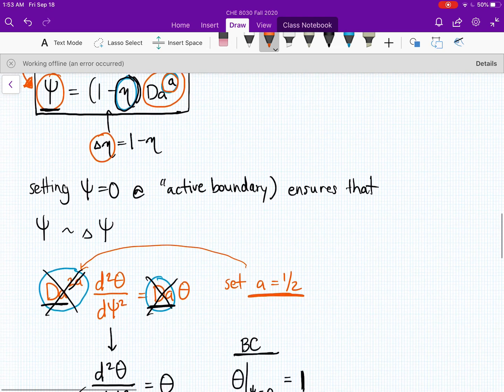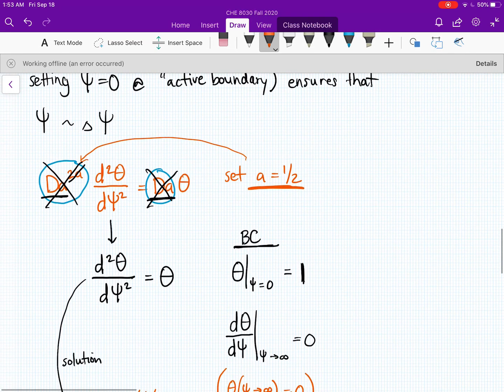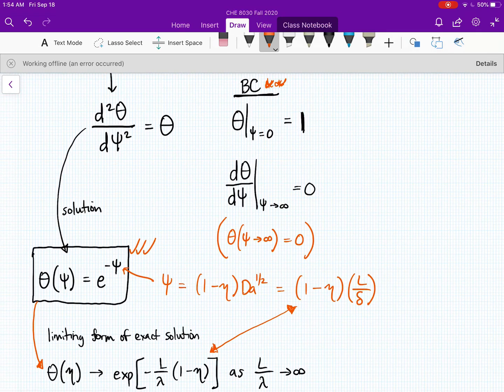We worked through the problem, eliminated our problematic term from the differential equation, which was our Damköhler number, and ended up with our newly transformed differential equation. We then transformed our boundary conditions, and used those to come up with the exact solution to our transformed equation.